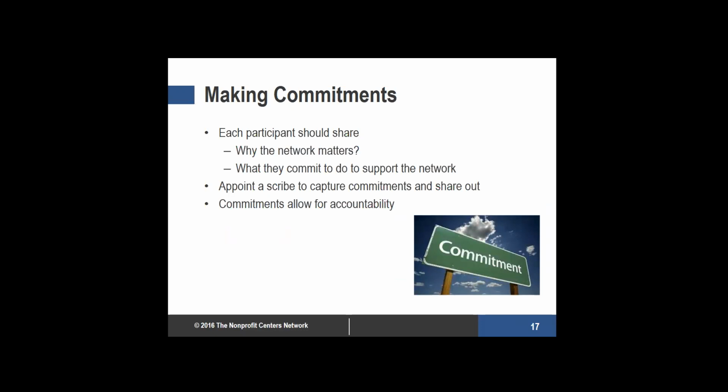So at the end, we bring everybody back together in a circle and go one by one, having people share why their network matters, why the center matters, and what they commit to do to support the network.